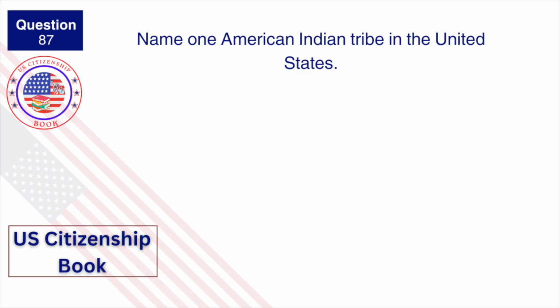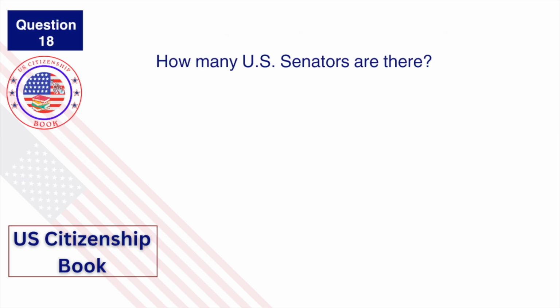Name one American Indian tribe in the United States. Cherokee. How many U.S. senators are there? 100.